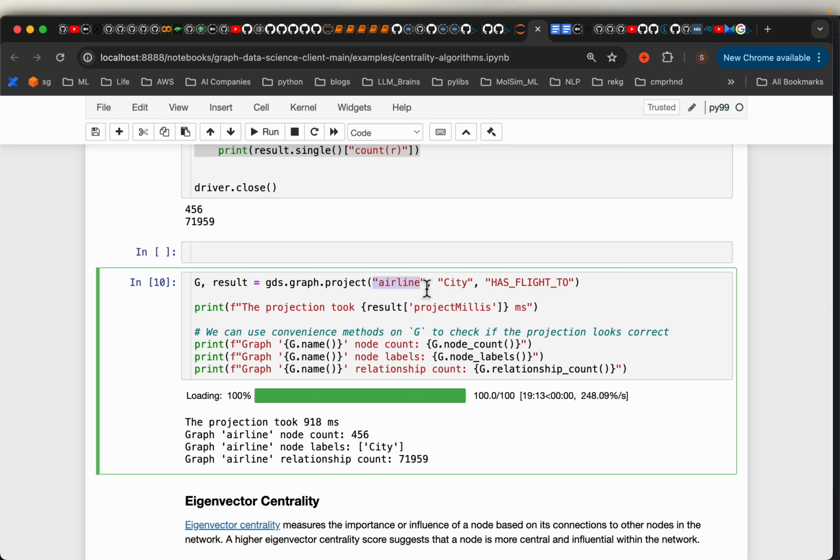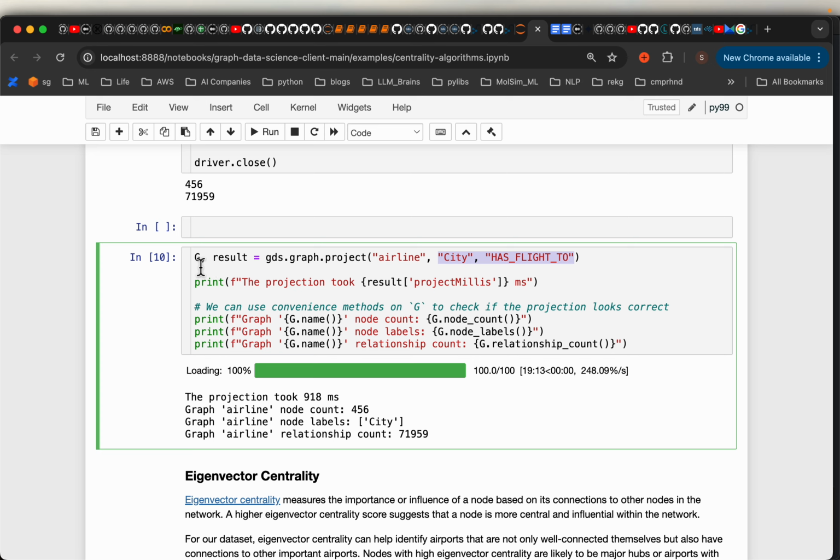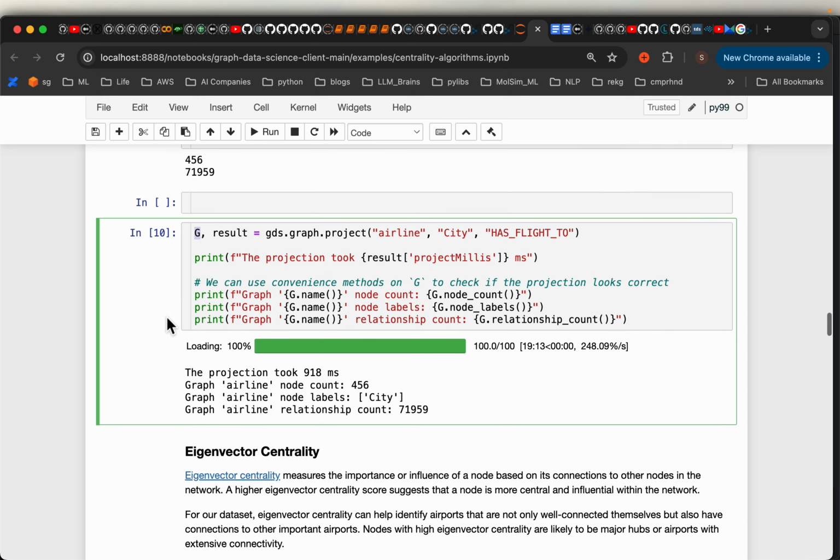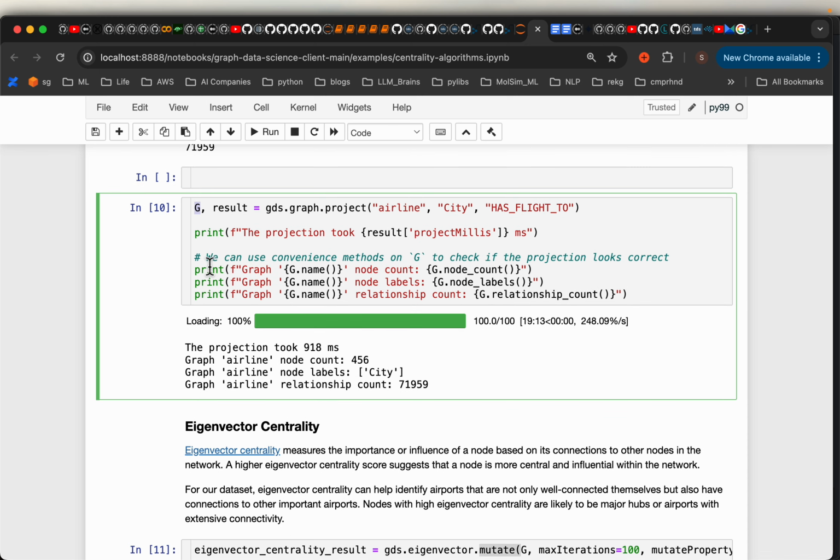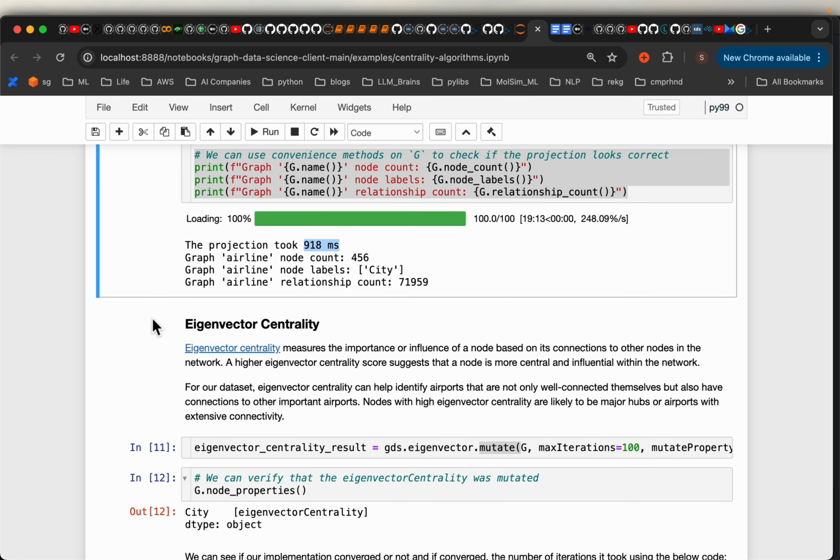We give it the name airline, and we want to project the cities and the relationships information. Okay. And this is stored in this variable G. The graph projection is stored in G. Okay. All right. Just printing some stuff. It took this many seconds. Again, the cities and the relationships.